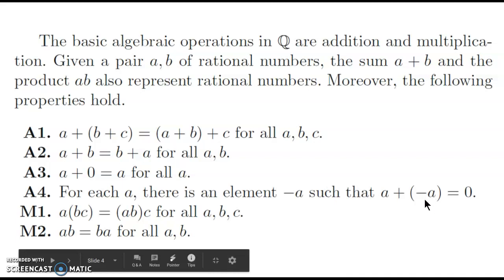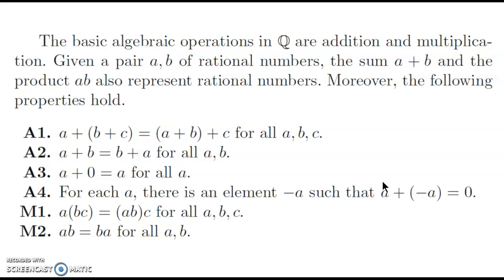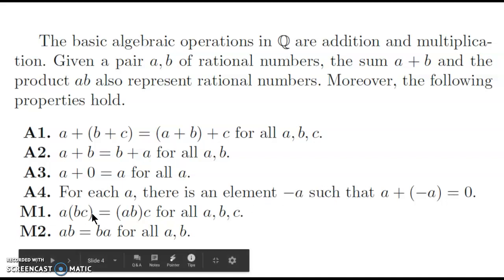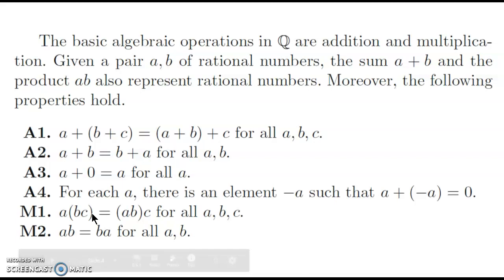And this minus a is known to be the additive inverse of a. Sorry, it is known to be the additive inverse, because by adding minus a to a, you are getting 0, that is the additive identity. Now the multiplication properties. The first property is that multiplication is associative.